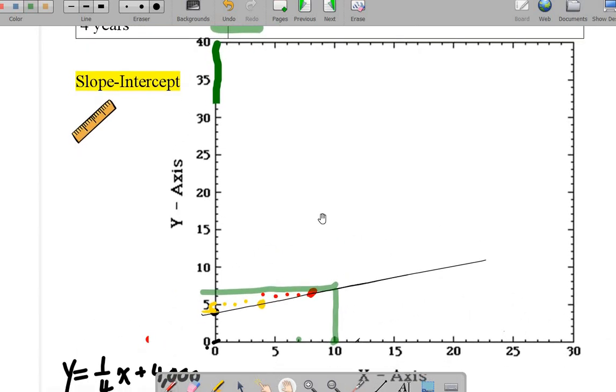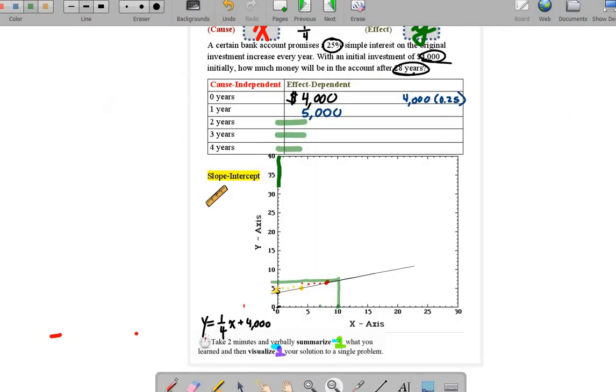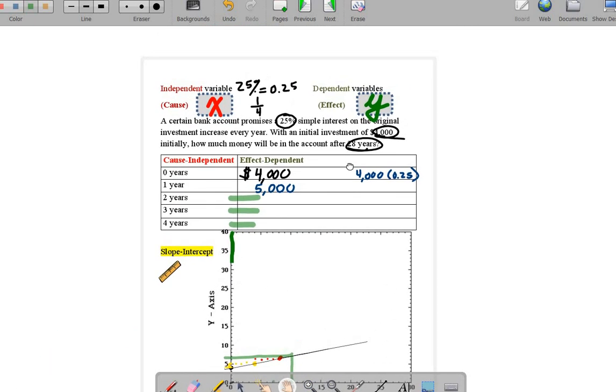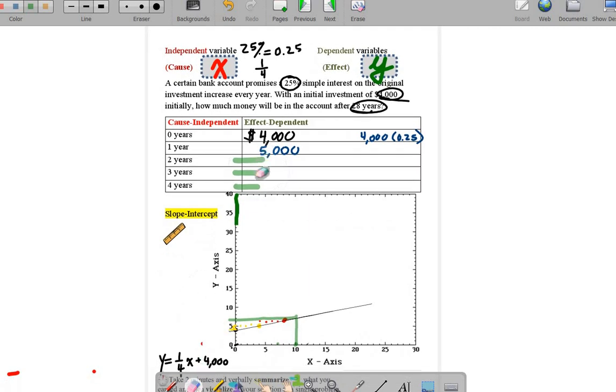It's used often for predictive items as well as in science. Main thing I want you to take away from this is, okay, first off, let's come back here. You can see it here. We start with 4,000. And 4,000 times 25%.